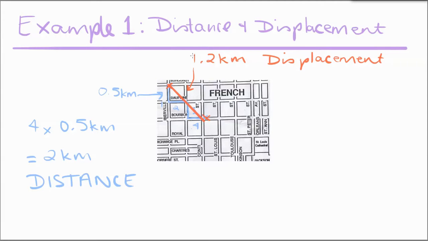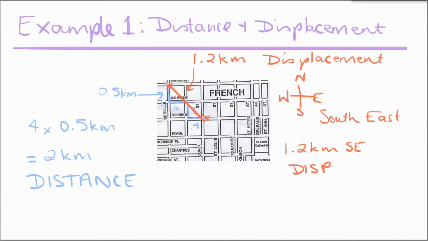But this isn't the whole answer because we need to put a direction onto it. So this is where we think back to our compass points, north, east, south and west. And the direction that I've walked in here is round about southeast. So my total displacement is 1.2 kilometers southeast.